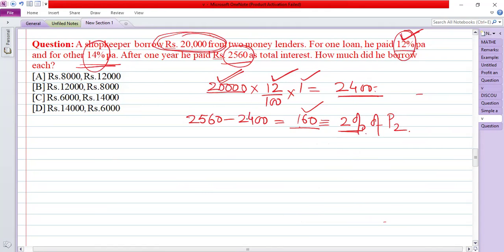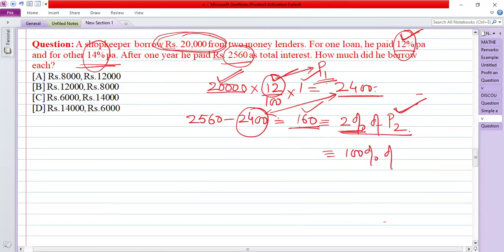Because this 2,400 is calculated for 12%, and for 12%, we assume let the amount be P1. The amount was P1. Okay. And now obviously this 160 will be due to the difference 2%, but 2% of which amount? P2. Okay. So here 2% of P2, and what we need is 100% of P2. 100% of P2 means the whole P2.